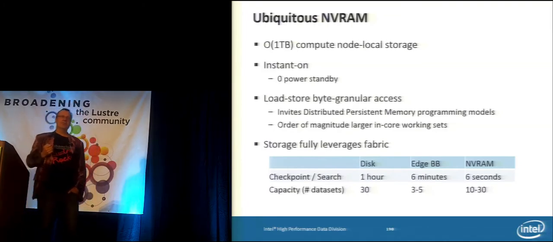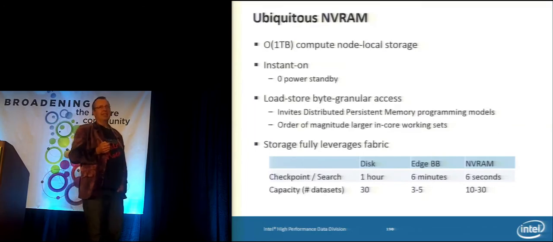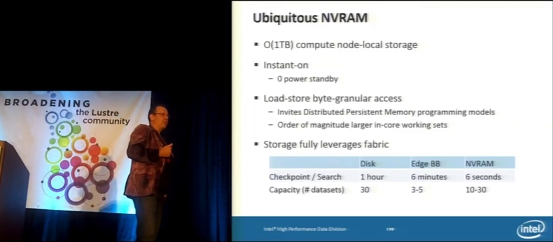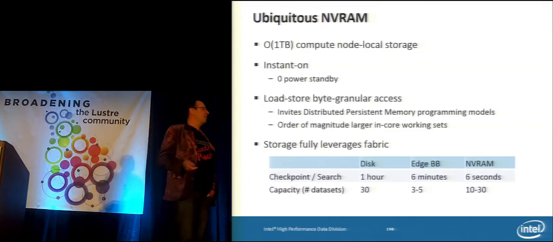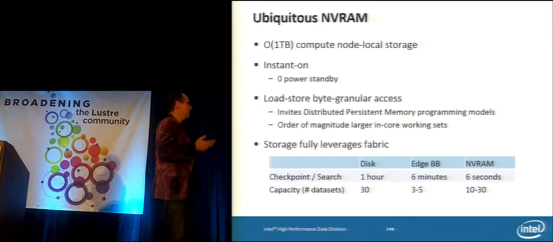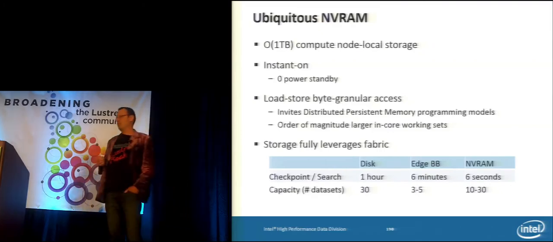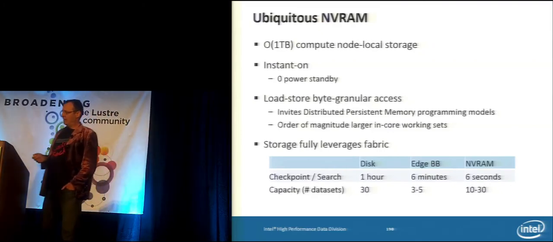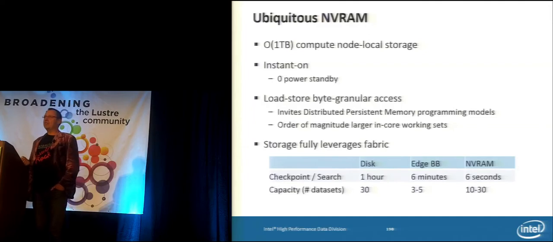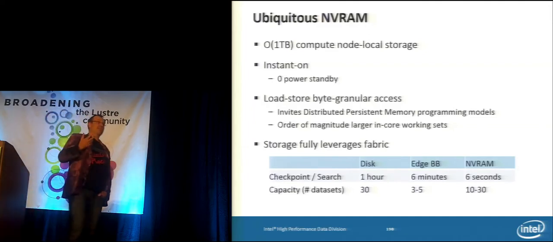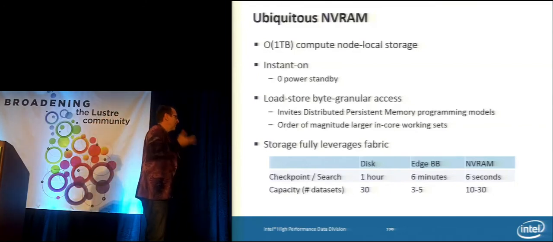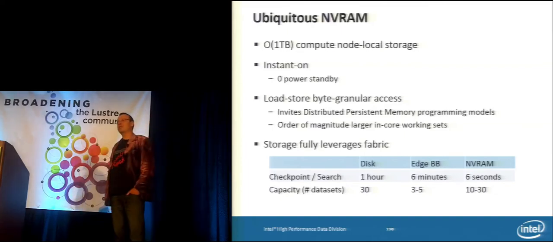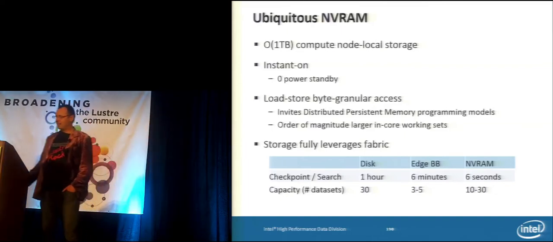With a burst buffer on the edge of my cluster, I've got a small amount of high-performance storage, good cross-sectional bandwidth from the HPC fabric into it, and there I can reduce that by an order of magnitude down to 6 minutes. But with NVRAM on every node in my cluster, I get another almost 2 more orders of magnitude improvement in performance. And actually I can do a brute force search of all of my data in 6 seconds.